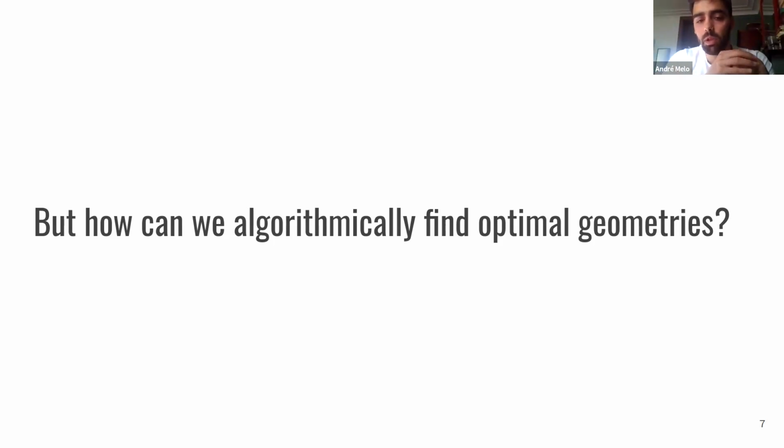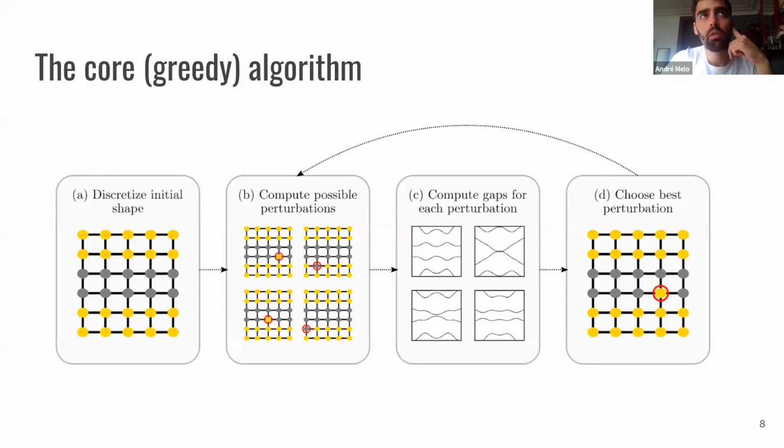And we'd also like to find this optimal geometry in an algorithmic way, meaning we'd like to have a procedure that, given junction parameters, can find the optimal geometry for those parameters. So this is the main question that we try to address in this work. And now I'm going to introduce the algorithm that we came up with to try to tackle this problem. So the algorithm is composed of 4 main steps.